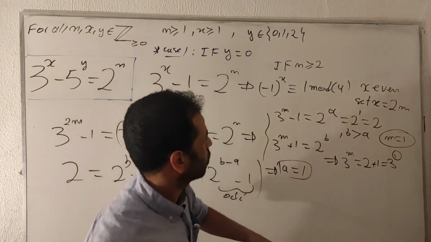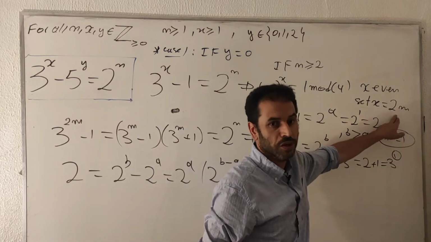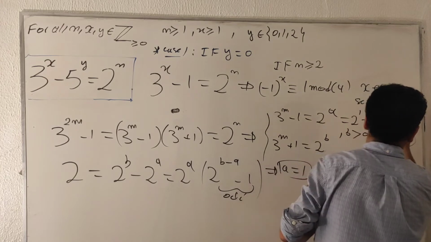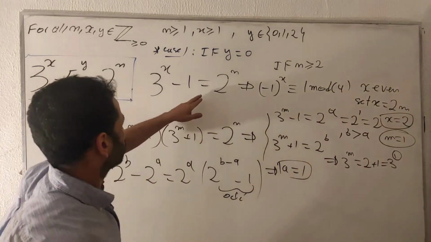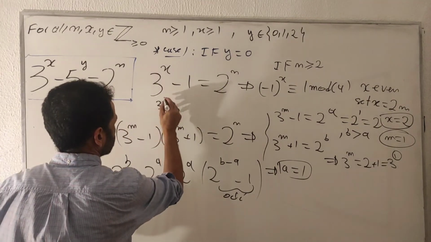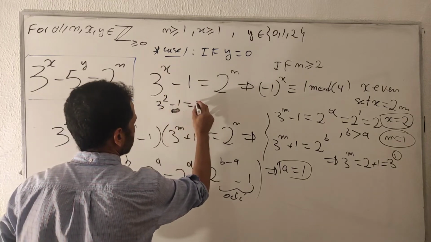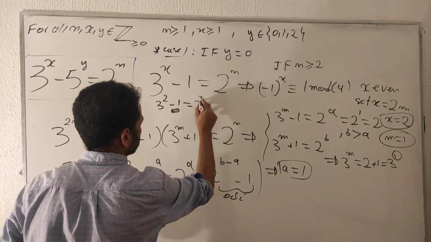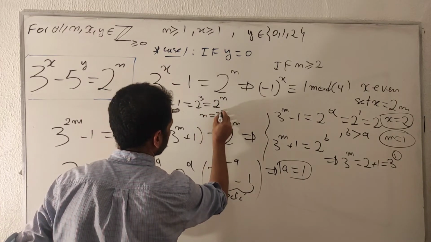Taking this value of m, which is 1, and replacing it here to find x, I get x equals 2. If x equals 2, I can find n here. I get 3 squared minus 1, which equals 9 minus 1, which is 8. 8 is the same as 2 cubed. 2 cubed equals 2 to the n, which means n equals 3 here.